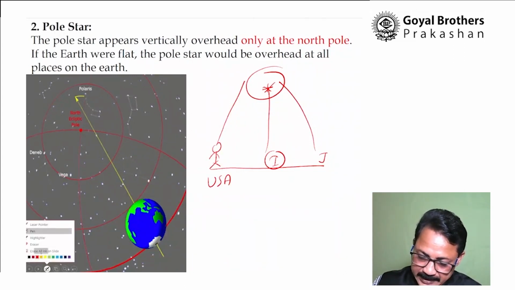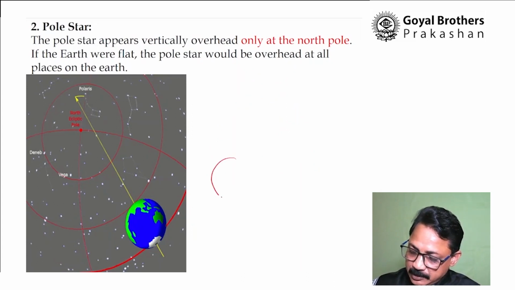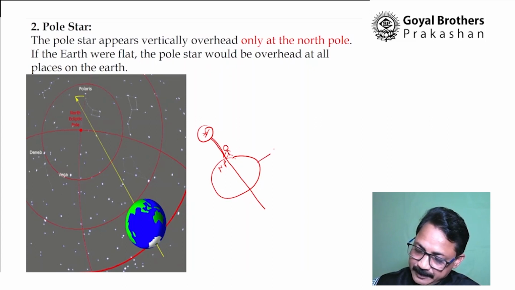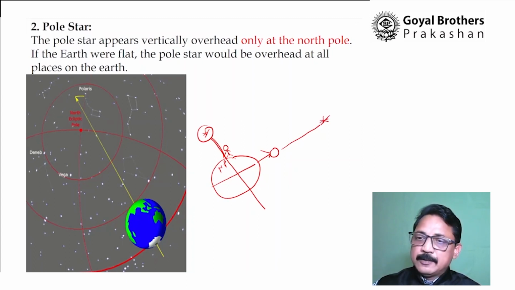The pole star, dear student, if this is the Earth, please understand, and if this is the axis of the Earth, here is the North Pole. So only to the person standing at the North Pole, the pole star is directly above his head. Anybody who is standing here near the equator, above his head, pole star won't be there.